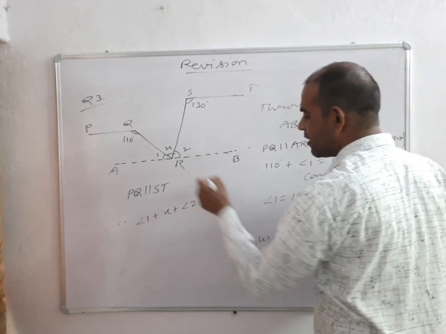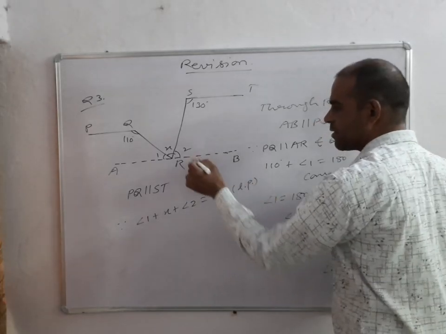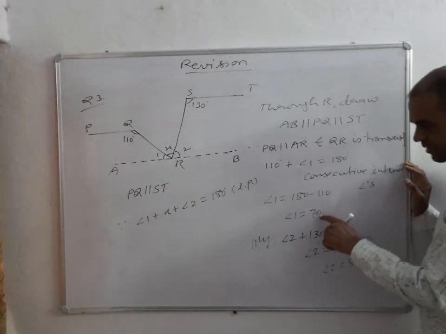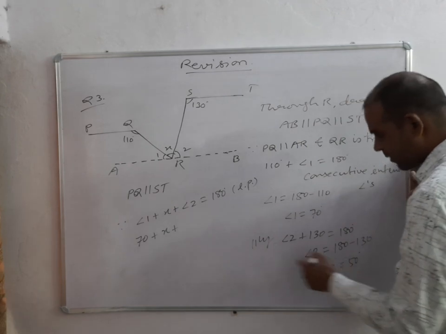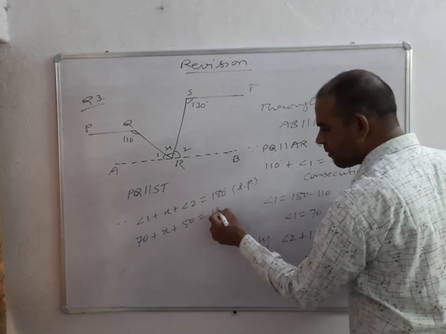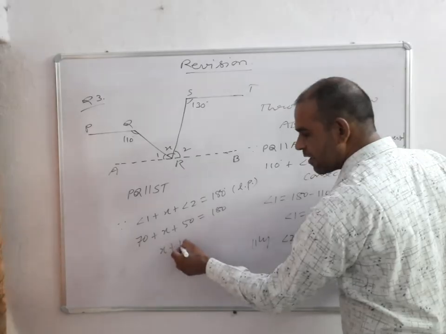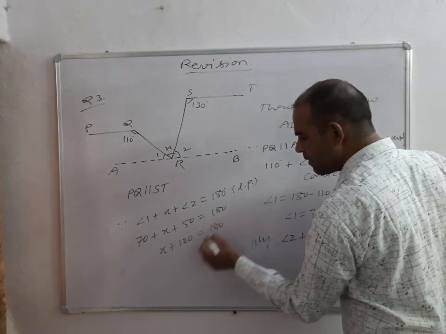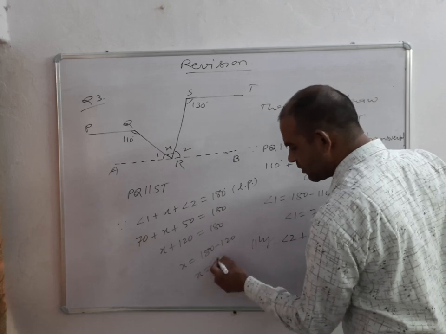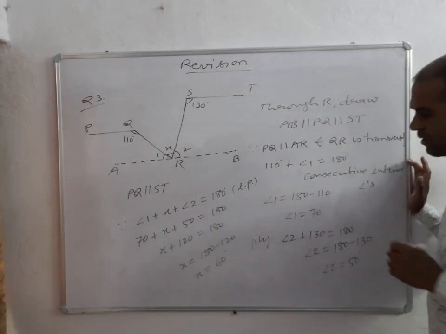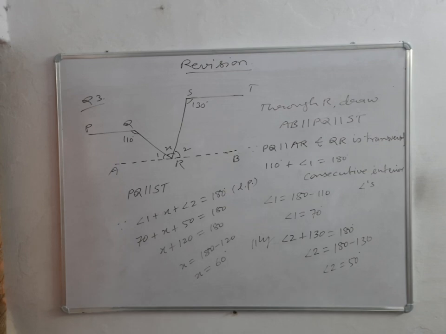We can use the linear pair in this system. The value of angle 1 is 70 plus x, and value of 2 is 50, ये 180, and x plus 120 is 180, and x equals 180 minus 120, that is 60 degrees. So x is 60.